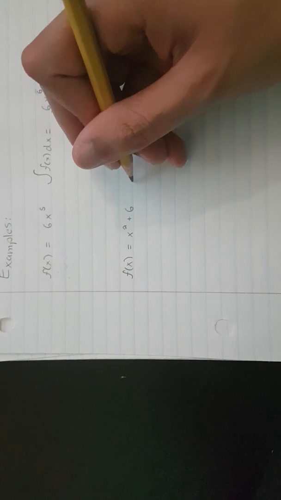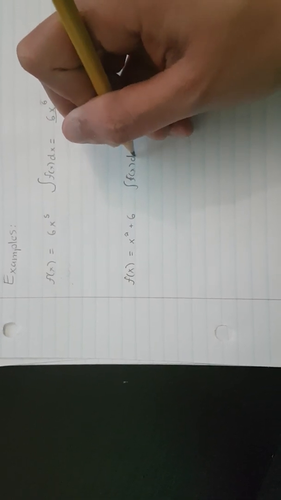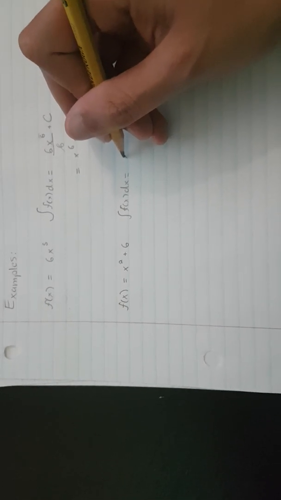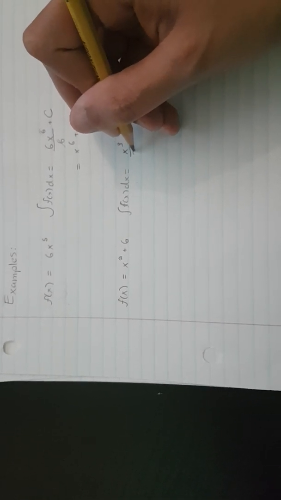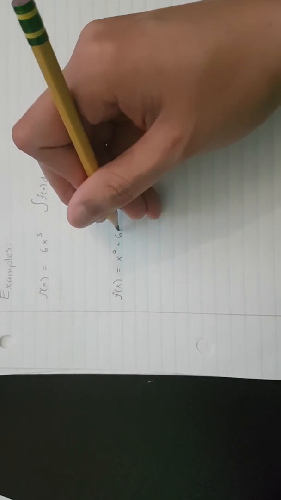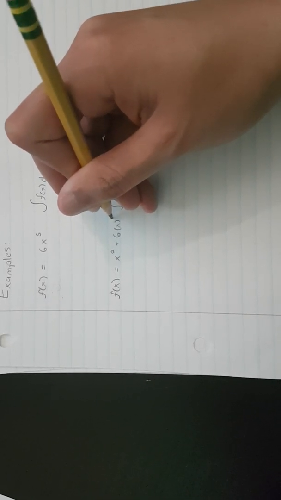If you go down here, do the same thing. So then we have two terms here. We take our x, again you add 1 and divide by the same thing, plus, now we have another one over here, so we have our 6. Our 6 is being multiplied by an invisible x, because it's x to the 0, which is just 1.